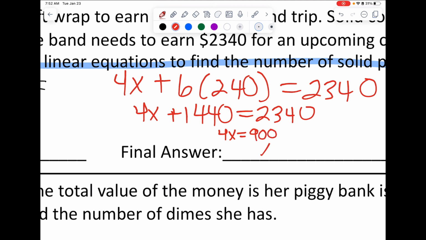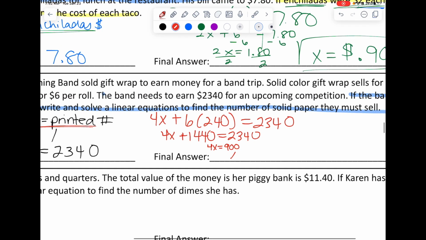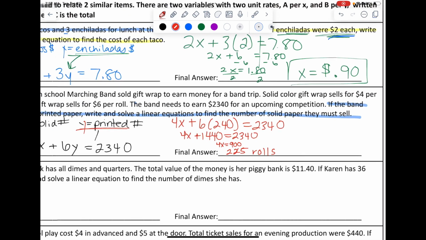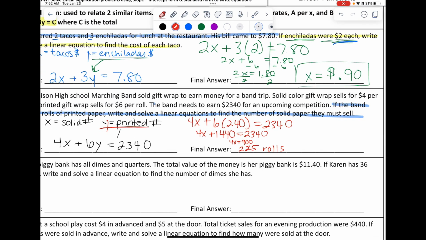And we get X. The solid paper is 225 rolls. A common mistake is people will put a dollar amount on it, but our unknown is the quantity. Reread the question, make sure your label makes sense. Solve a linear equation, find the number of solid paper they must sell. We are going to sell that solid paper in rolls.